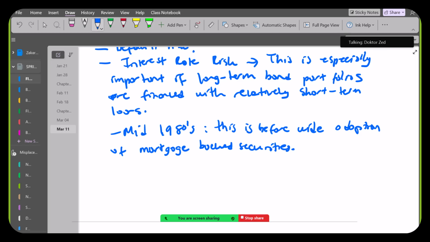The simplest form is the so-called pass-through mortgage-backed security. Let's say I'm a bank. I find a client. These days, for example, Rocket Mortgage, the old Quicken Loans. Do you really think those guys place a lot of mortgages? They're very competitive. Do you really think that they actually finance all those mortgages?